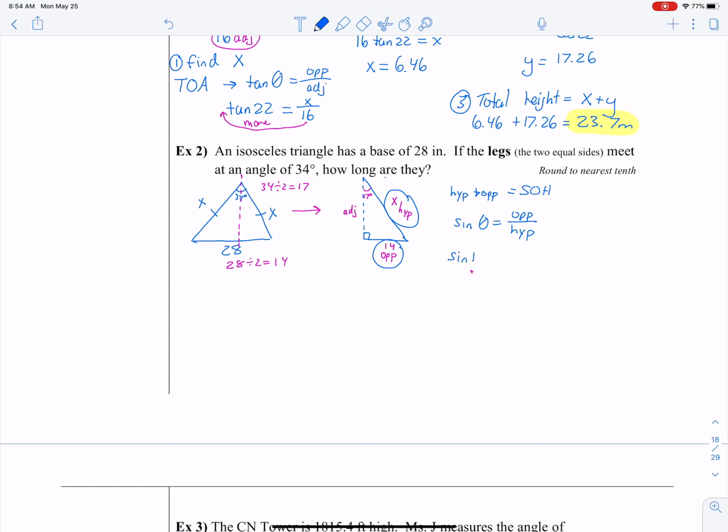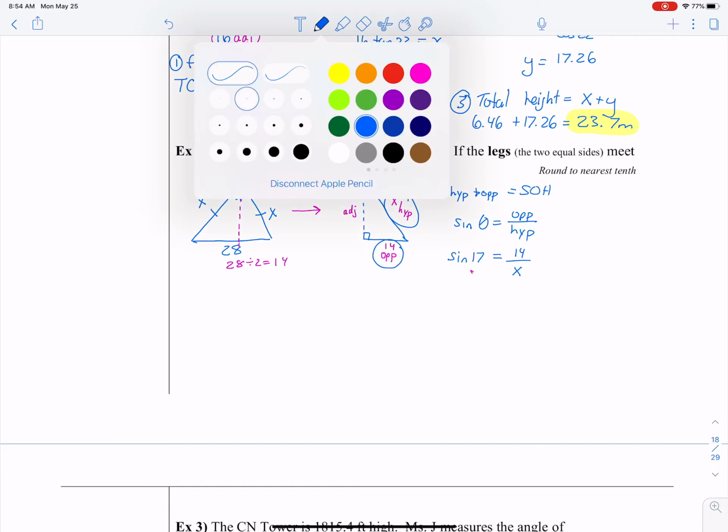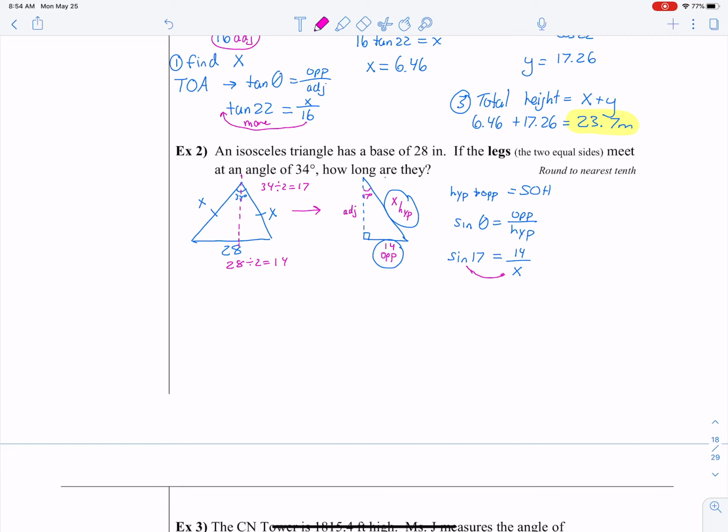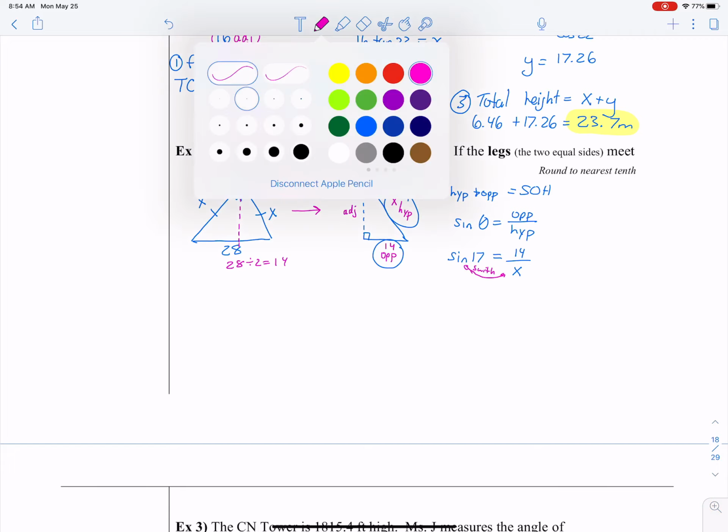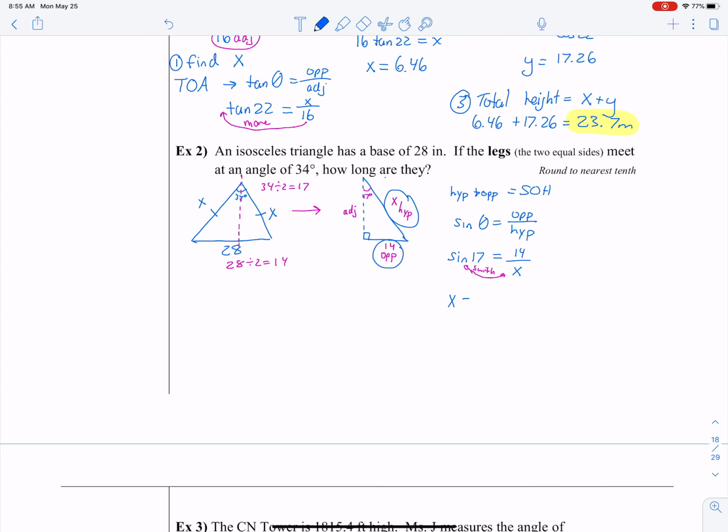We know our angle is 17, our opposite is 14, and our hypotenuse is x. Since the letter's on the bottom, we're going to switch those two. So you get x is equal to 14 over sine of 17. And then I'm going to put that into my calculator.